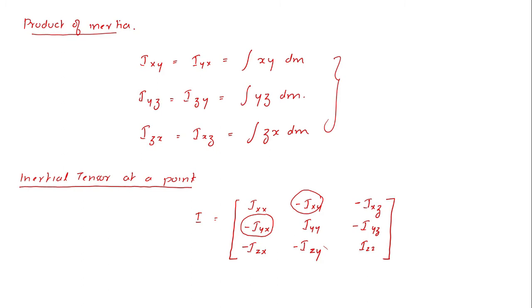Sometimes what happens is that I can choose the XYZ axis in a particular orientation such that the products of inertia become 0. I can choose the XYZ axis in such a way that the products of inertia become 0.